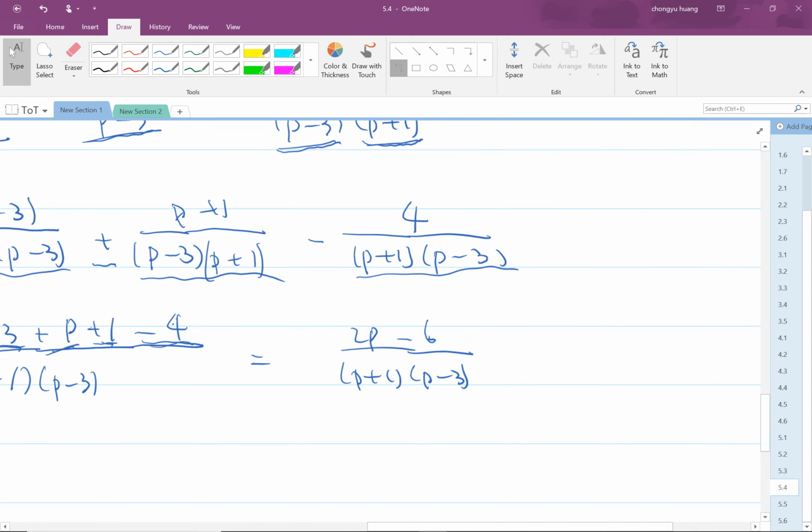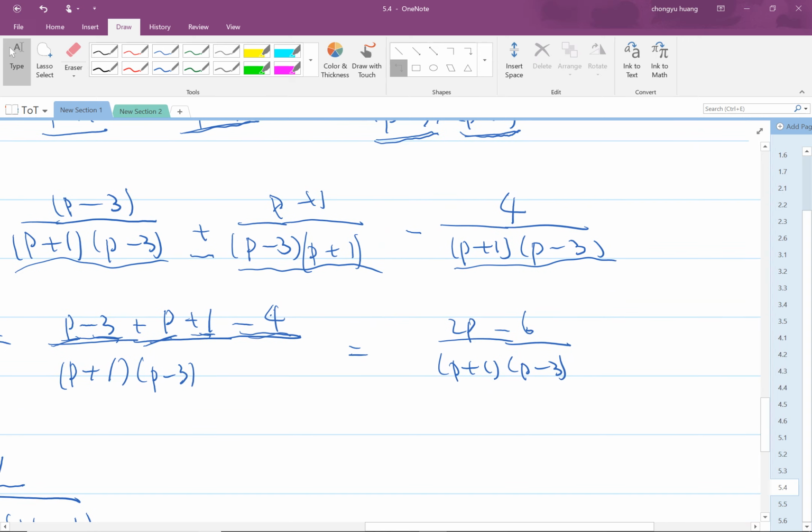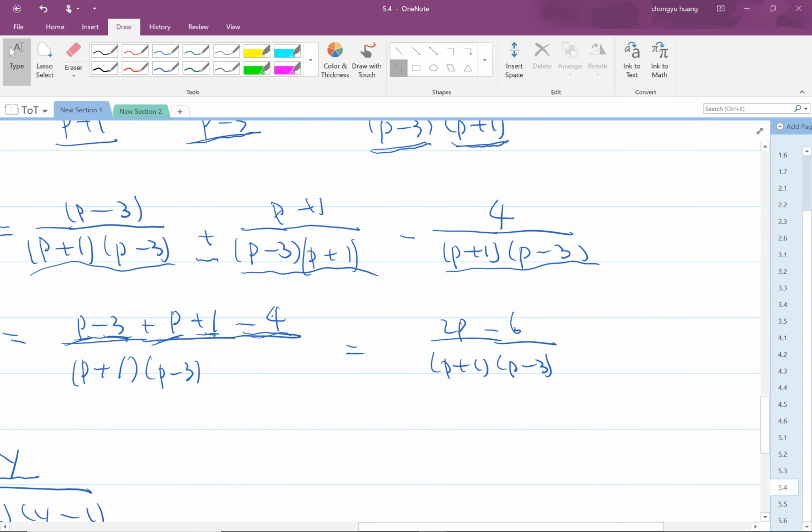Okay, I'm kind of out of space, so I'm just going to write it over there. p plus 1 and p minus 3, and the top part we can actually simplify a 2 out of it, right?